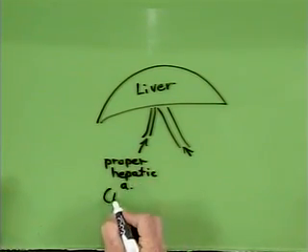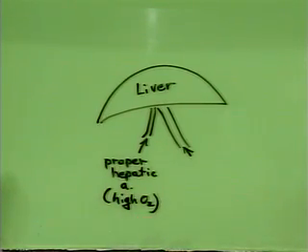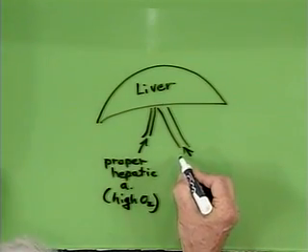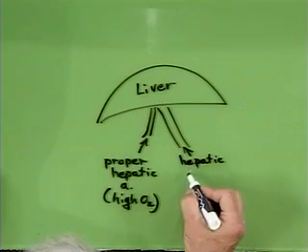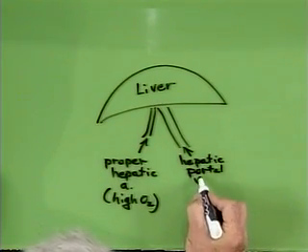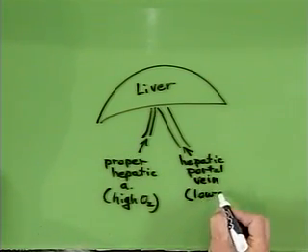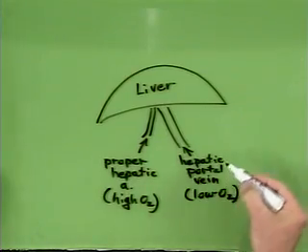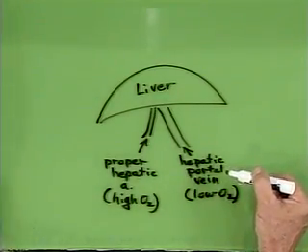And we mentioned that it was high O2 blood, high in oxygen. And this over here is the hepatic portal vein. And of course that's low O2 blood, because this blood has already been through a capillary bed in other abdominal organs.